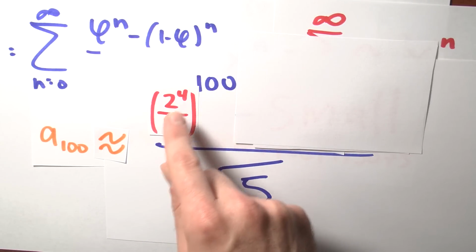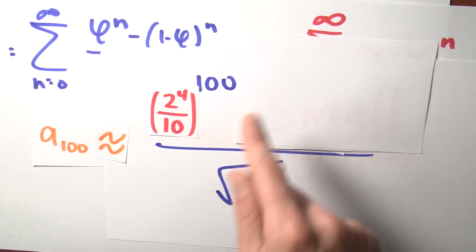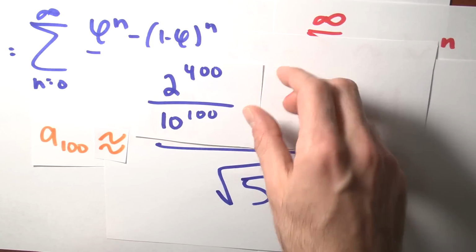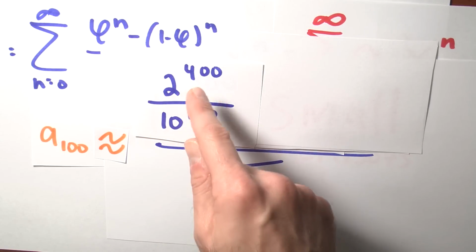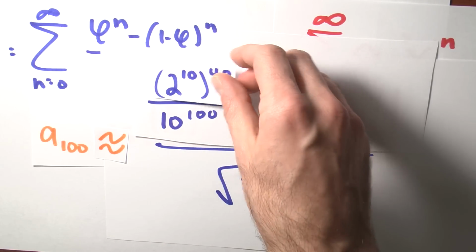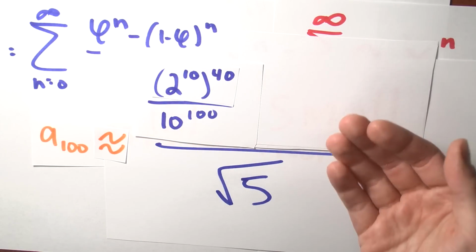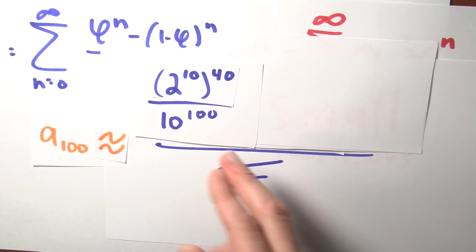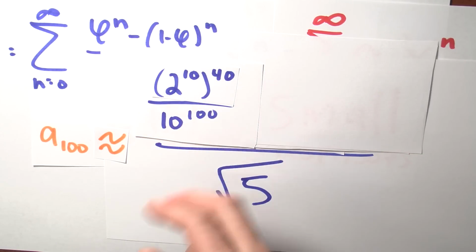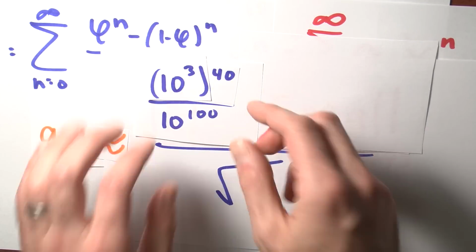Because 2 to the 4th over 10 to the 100th power, well, that's 2 to the 400th over 10 to the 100th. But now 2 to the 400th, I can write that as 2 to the 10th to the 40th. And that's a smart move because 2 to the 10th I happen to know is 1024, so 2 to the 10th is practically 10 to the 3rd.